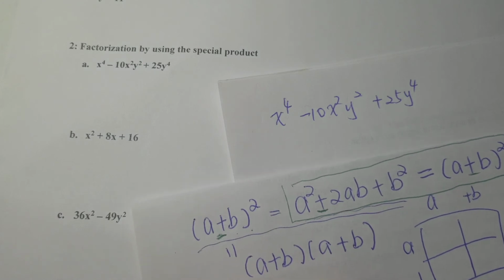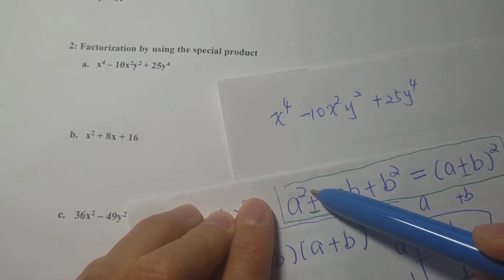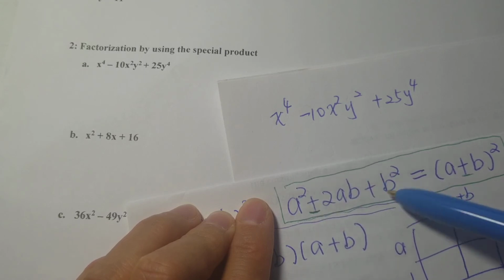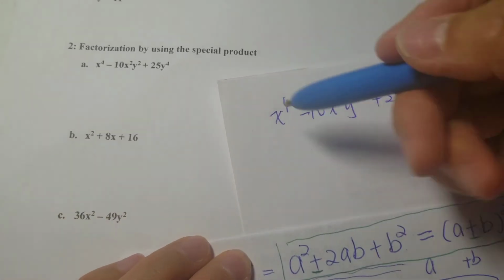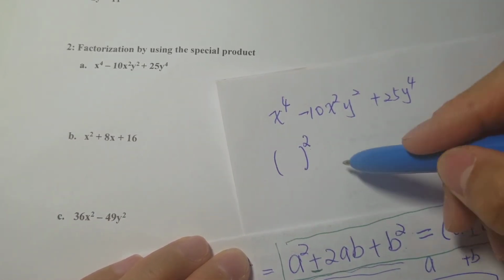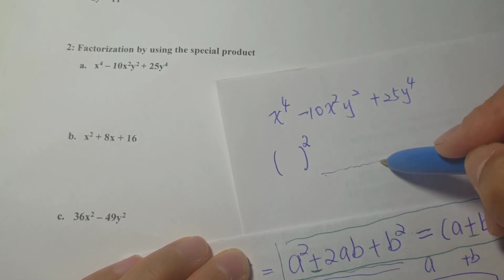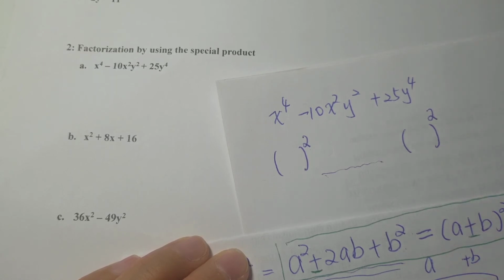Now let's see how we can rewrite it back to a squared plus or minus 2ab plus b squared form. What is a? I don't know, but I know I need an a squared. The middle term, I'm going to skip it. Okay, so I know I need a b squared here.